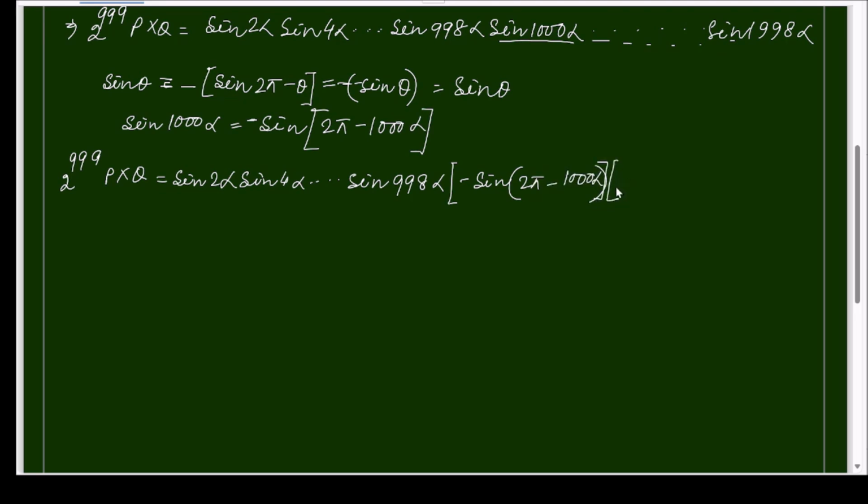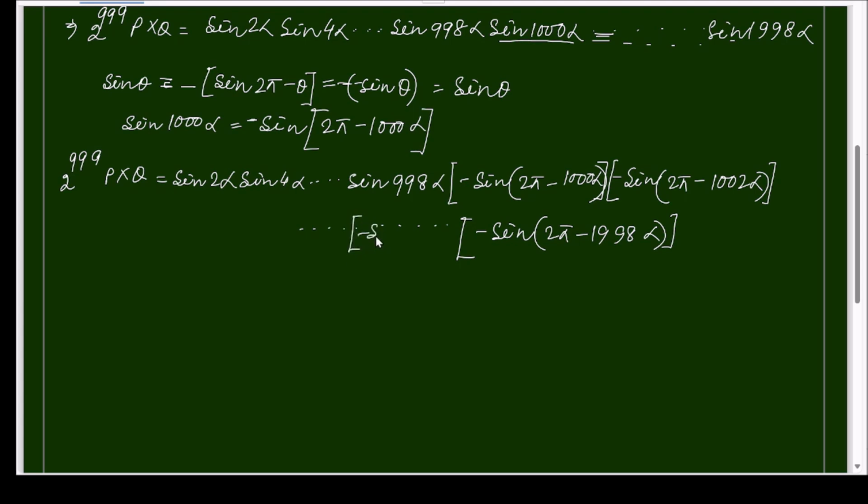Next will be negative sine of 2 pi minus 1002 alpha, because your next term will be 1002, up to the last term, negative sine of 2 pi minus 1998 alpha. I have written here the trick I applied.